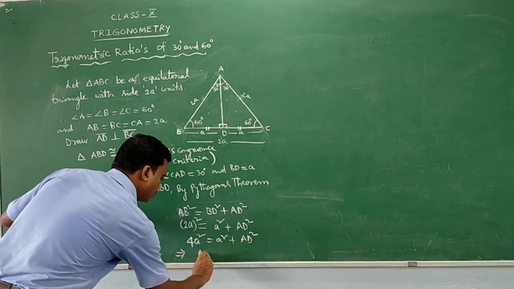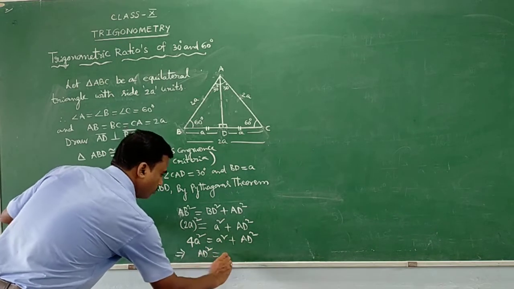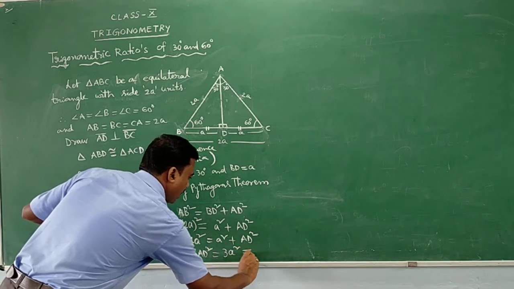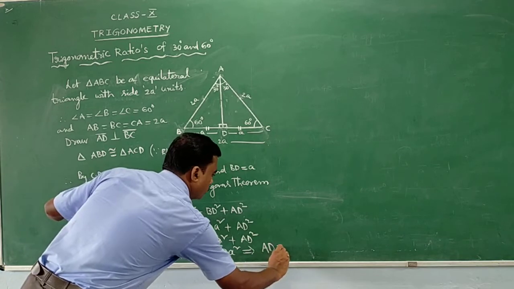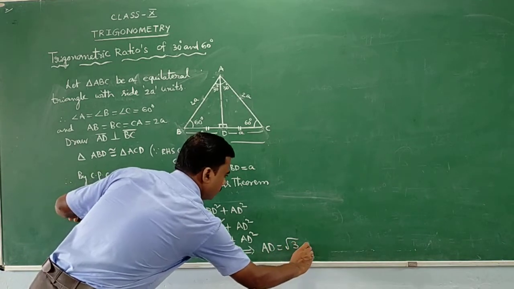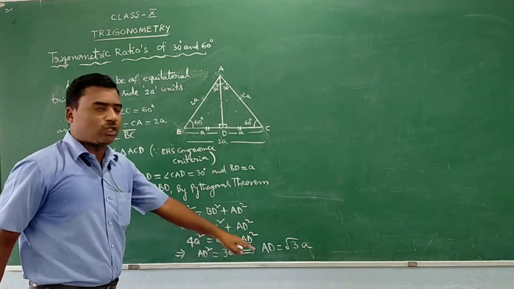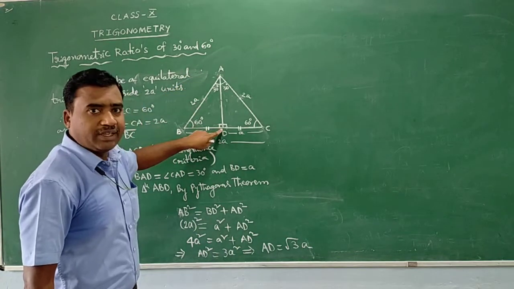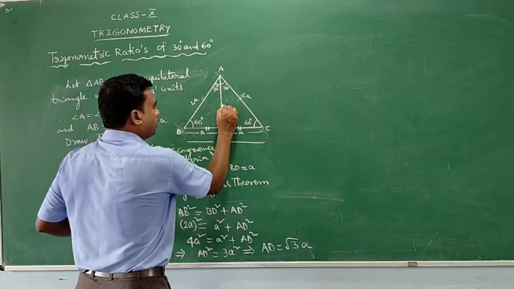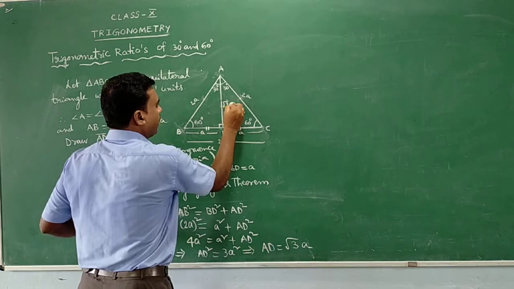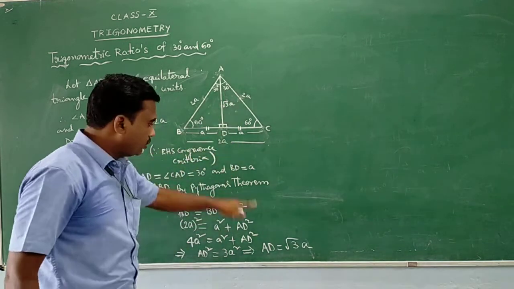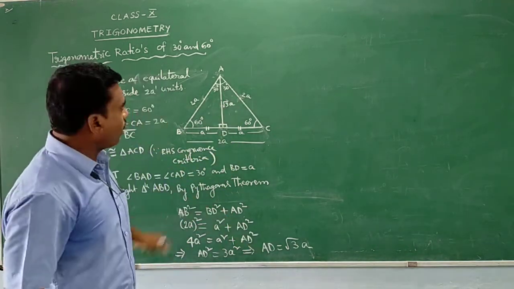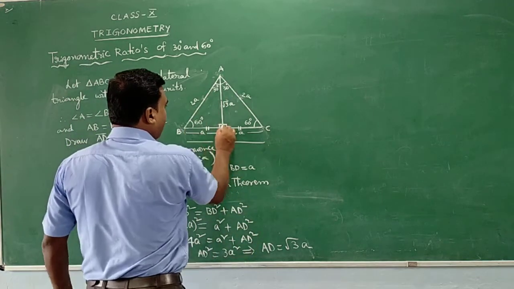This implies AD square is equal to 3a square, which implies AD is equal to root 3a. So the length of AD is root 3a units.